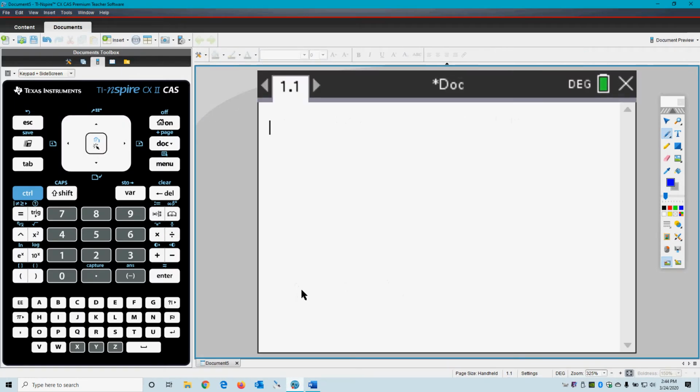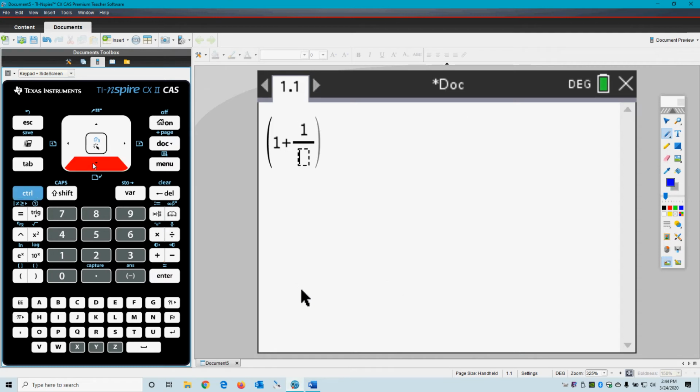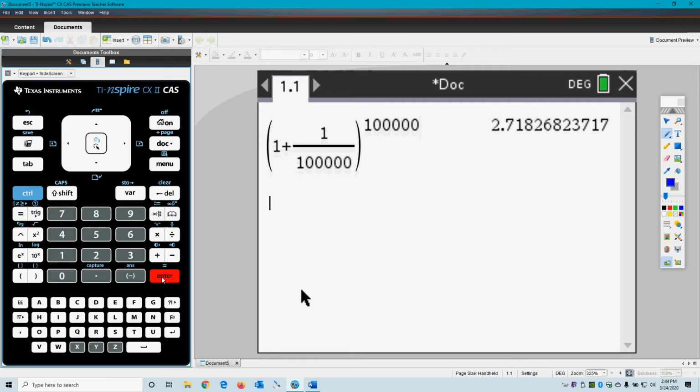Parentheses, 1 plus a fraction, 1 over 1 with 5 zeros, to the power of 100,000, and you get an approximation accurate to about 5 decimal places for e.